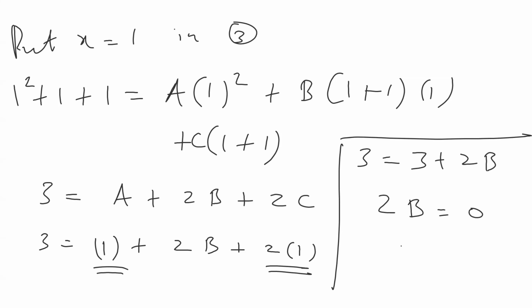So 2B is equal to 0, B is equal to 0. Now once we get the value of B as 0, let's put all these values in equation number 2.